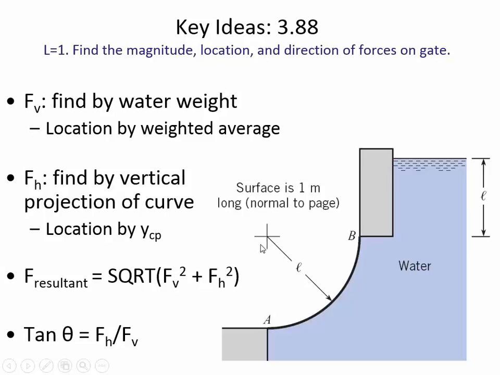So L is 1, and it's 1 meter long, meaning the component into the page is 1, and since L is 1, the vertical projection is going to be a square. So you'll find the horizontal forces by finding the depth to the centroid, using the same approach we've done previously.